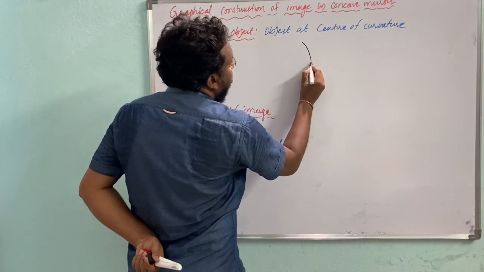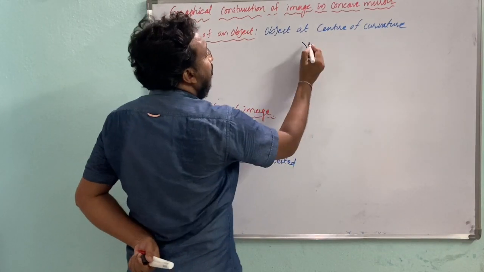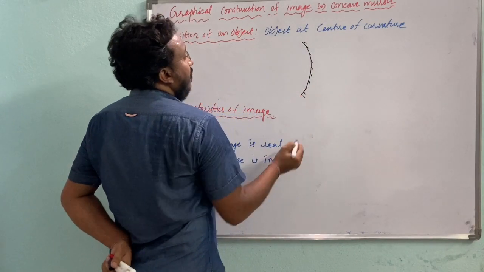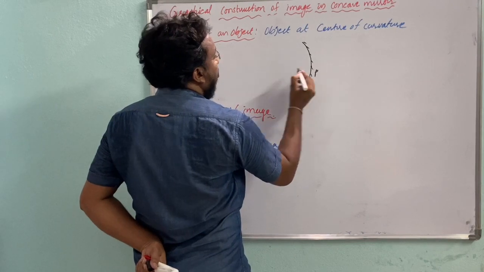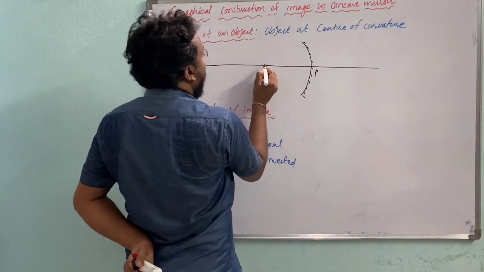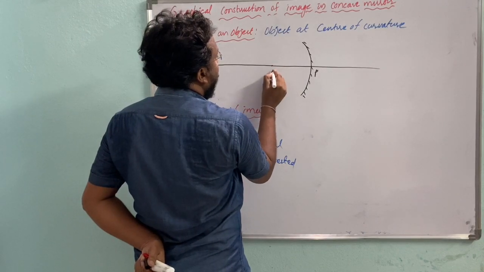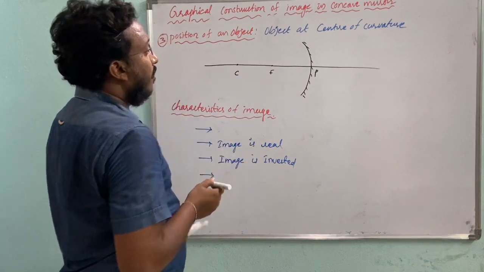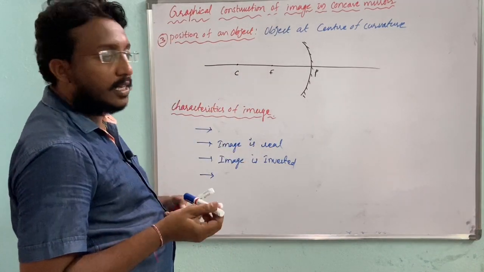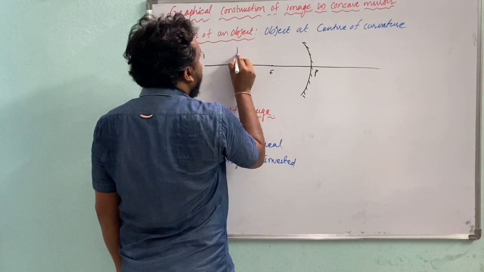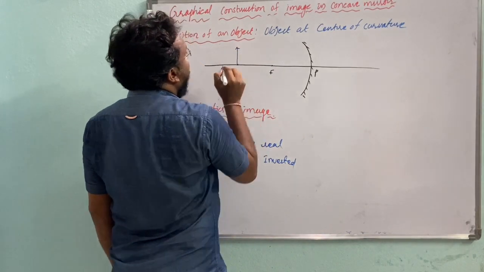Concave mirror, pole, we have to take the principal axis, right? Then focus, center of curvature. Now the object position is on the center of curvature.